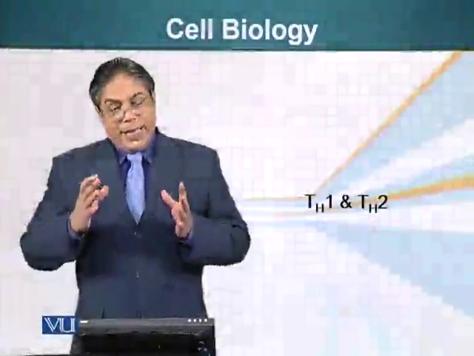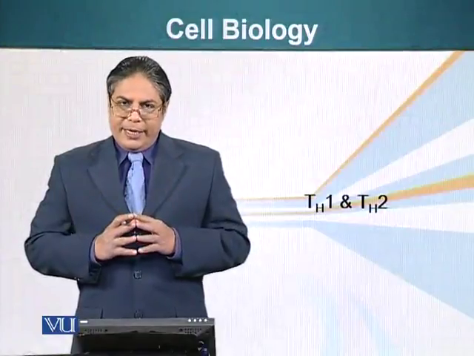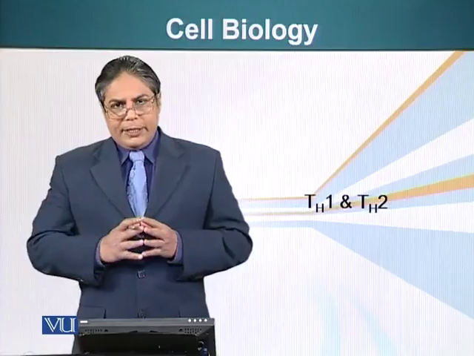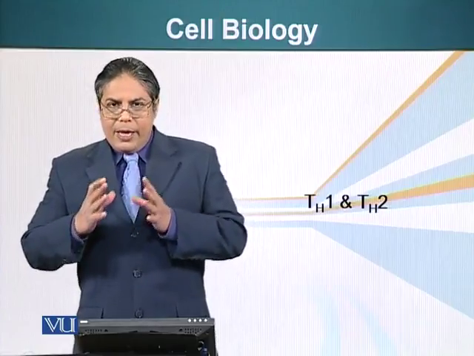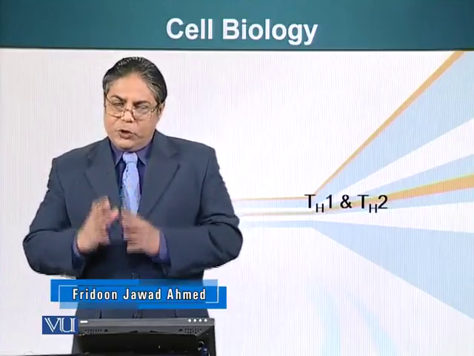So we just said that helper T cells require two signals from antigen-presenting cells in order to become activated. Helper T cells can become two different types of T cells, either helper T cell type 1 or helper T cell type 2.